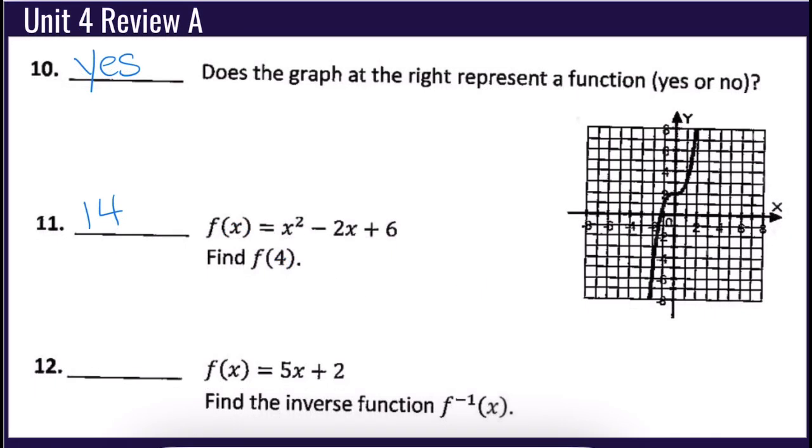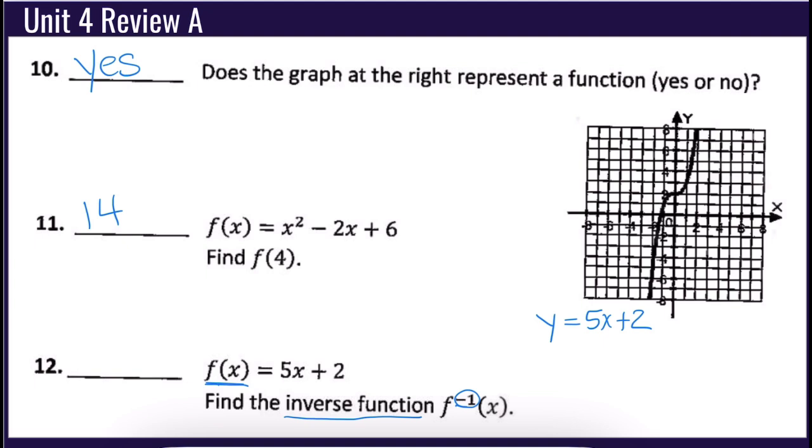For number 12, they want us to find the inverse function, which may have that little -1 as an exponent. But all it means is we just go through our steps. For the first one, instead of writing f of x equals 5x plus 2, we use a y. So y equals 5x plus 2.